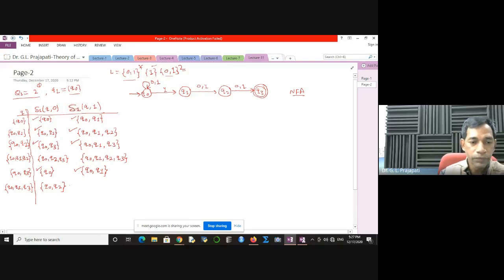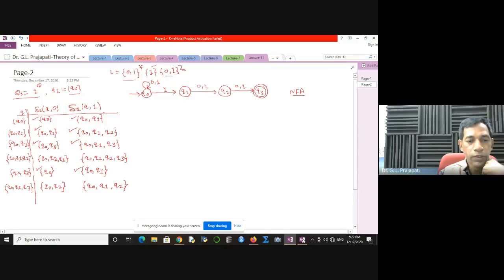Now for the case of 1, if you are at Q0 and input is 1, your machine goes to Q0 and Q1. If you are at Q1, input is 1, your machine goes to the state Q2. If you are at Q3, input is 1, your machine goes to the empty state.